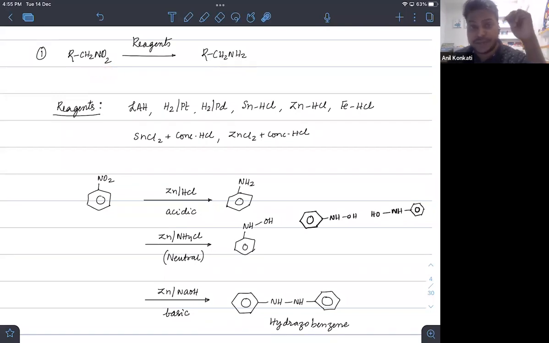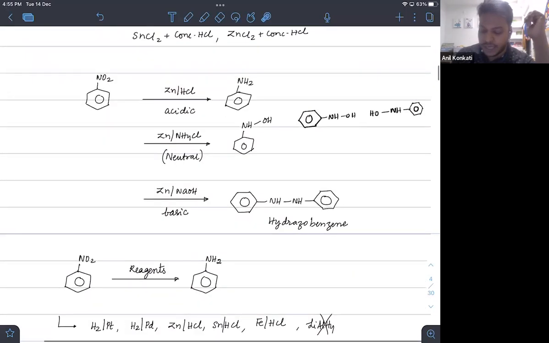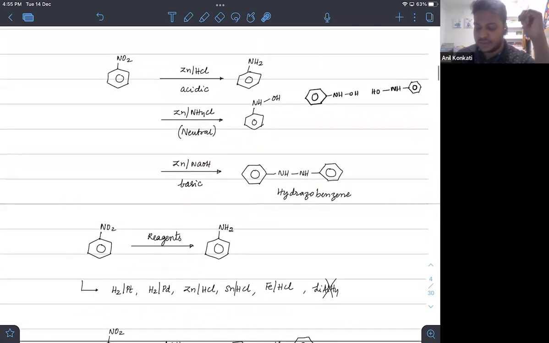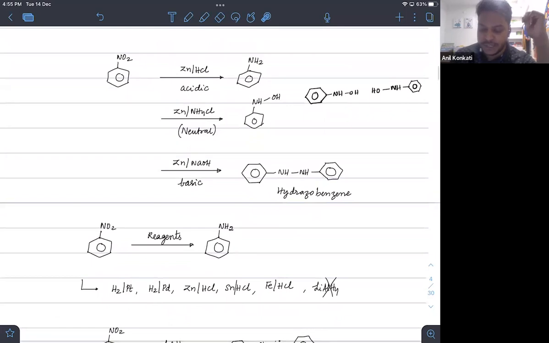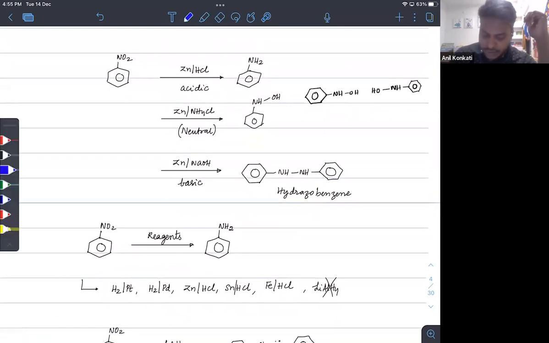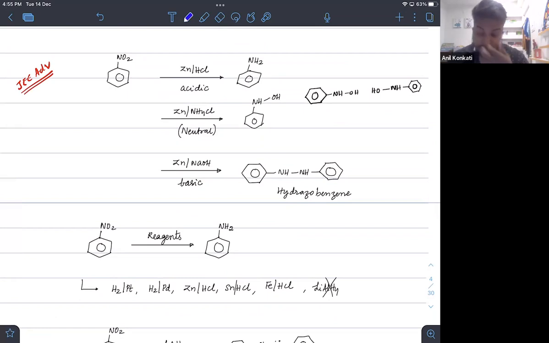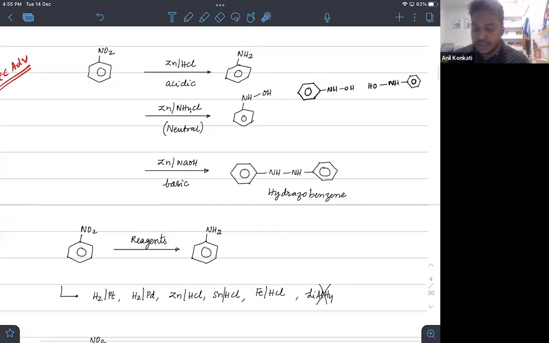Now the challenge comes when it is a nitrobenzene. In case of nitrobenzene, the products are slightly different depending upon the reagent used. So these reagents are typically asked for JEE Advanced. So learn this for JEE Advanced, like what type of reagents are used and what product is formed. First, look at the zinc kind.